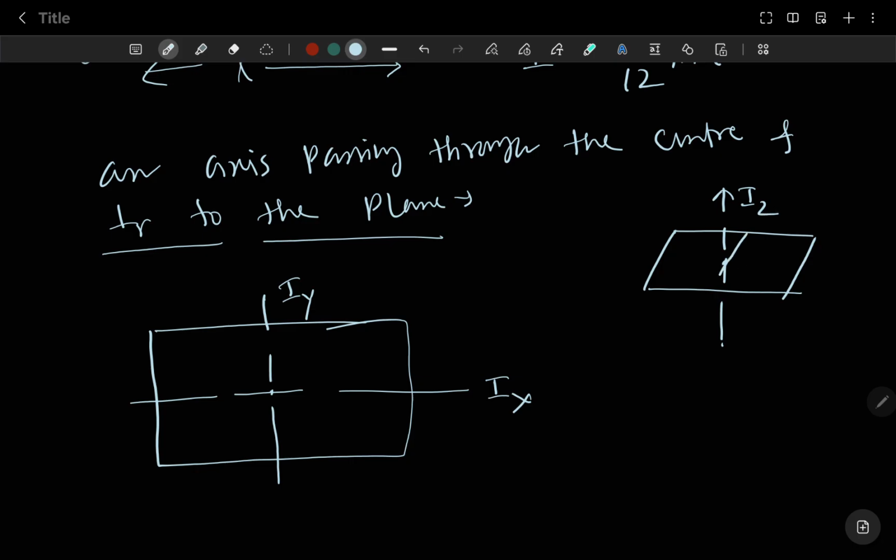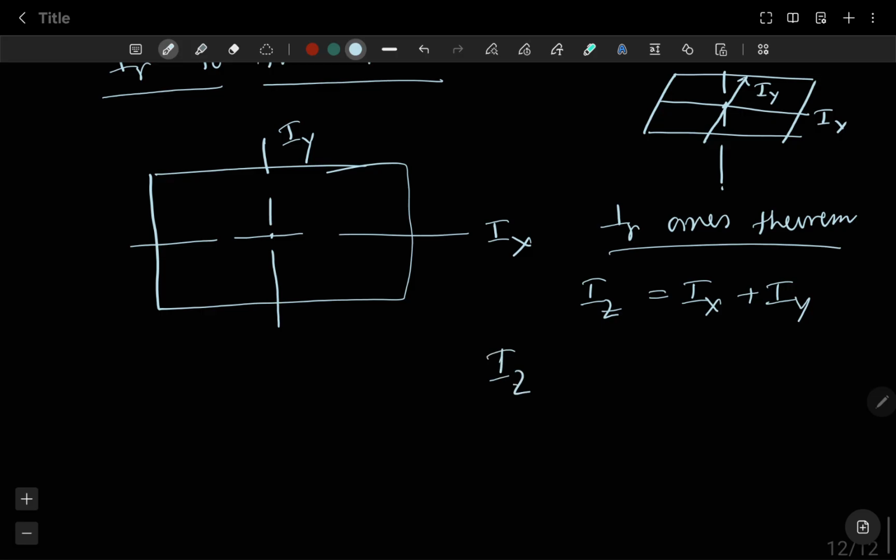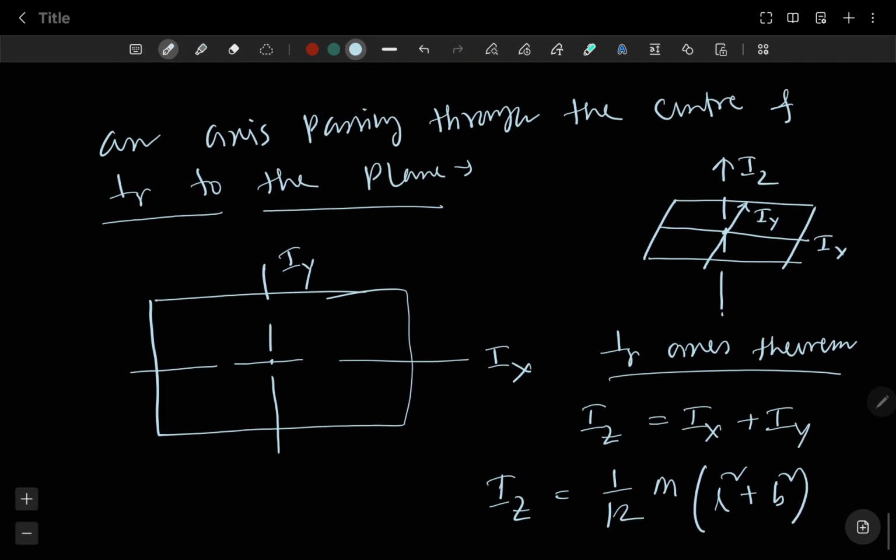So Iz will be Ix plus Iy, perpendicular axis theorem. So Iz will be 1 by 12 m l square plus m b square. So 1 by 12 common, m times l square plus b square. So about this axis you can find.